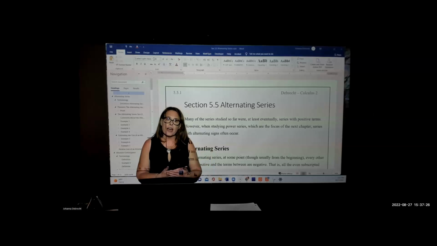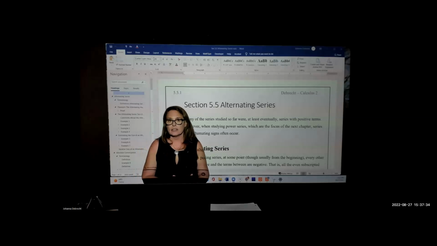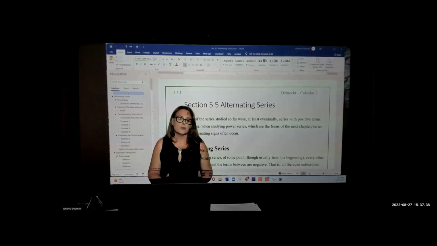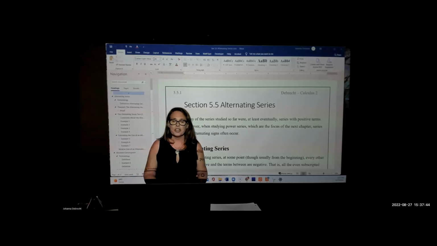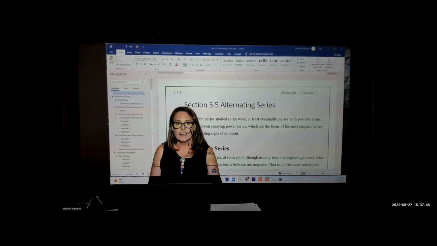So you can see how the idea of absolute convergence and conditional convergence relates to the idea of an alternating sequence and series. We'll be taking a look at convergence, absolute convergence and conditional convergence in the next video. Let me share my screen with you, and we'll focus on alternating series.